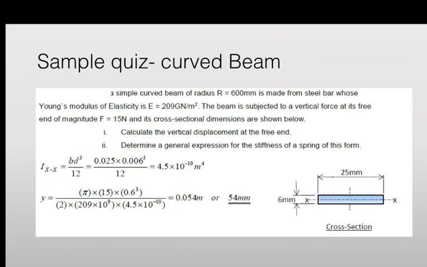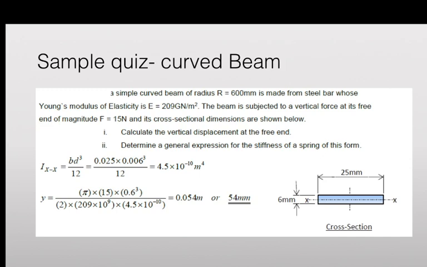So now we'll consider a sample quiz, which is a curved beam. From the earlier expression, we can solve this problem. A simple curved beam of radius R equals 600 millimeter is made from a steel bar whose Young's modulus of elasticity is 209 gigapascal.